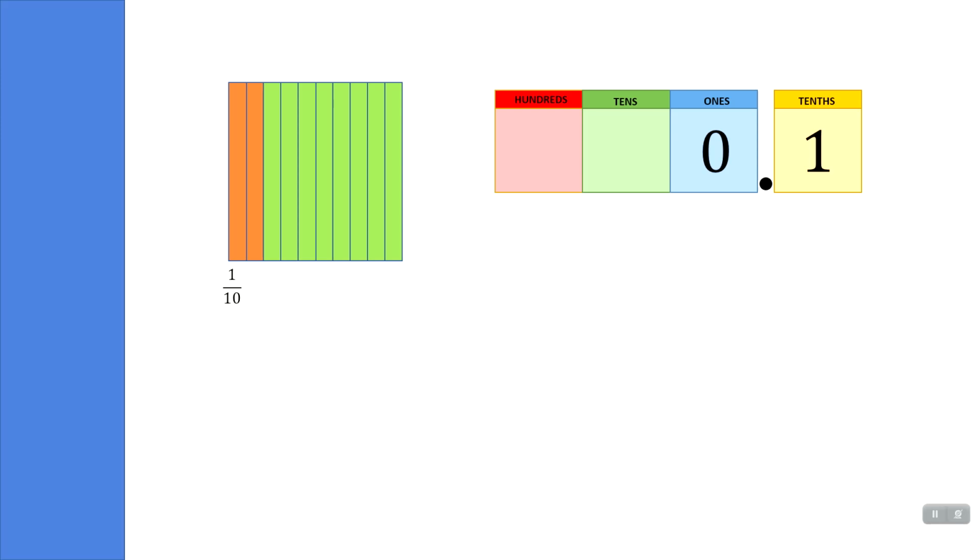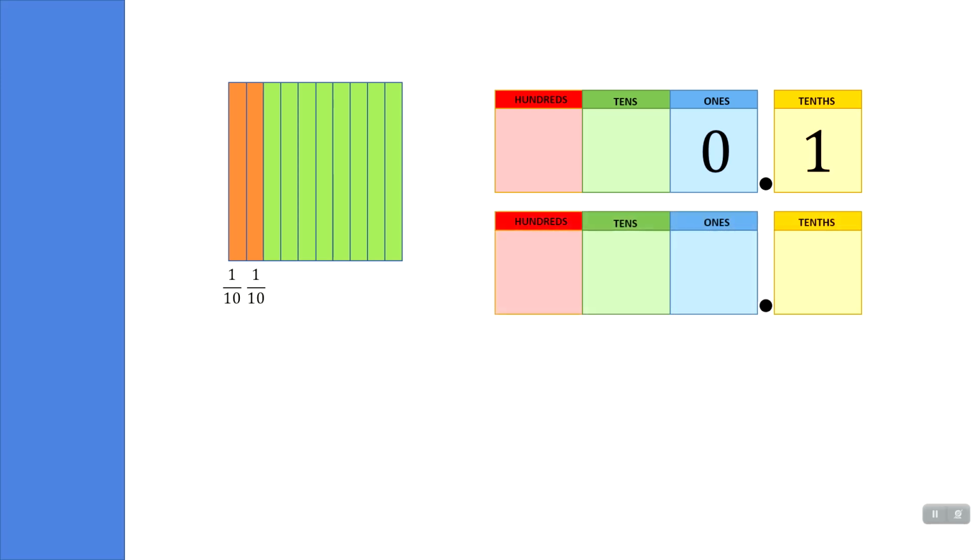If we had now two strips, two of the tenths, 1/10 and 1/10, we would write that also in the tenths column as 2 tenths. 0.2 is 2 tenths. If we shade now 5 strips, we can see that that is 5 tenths.